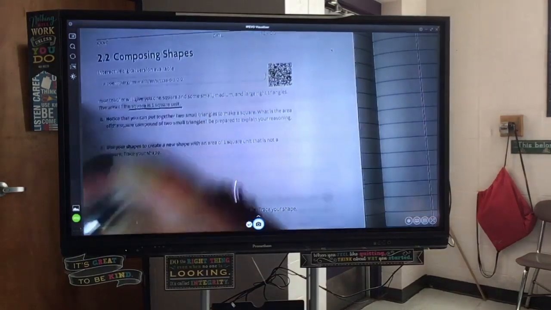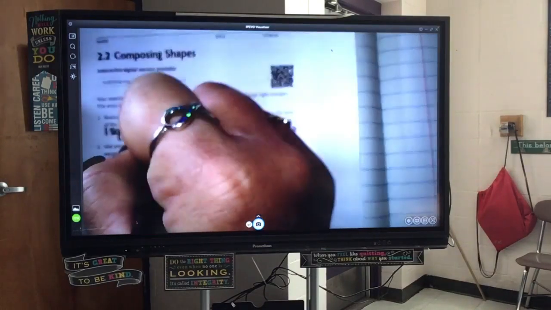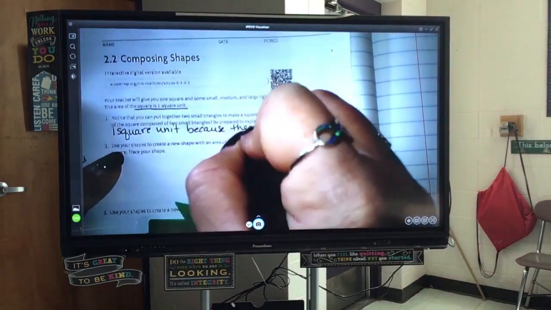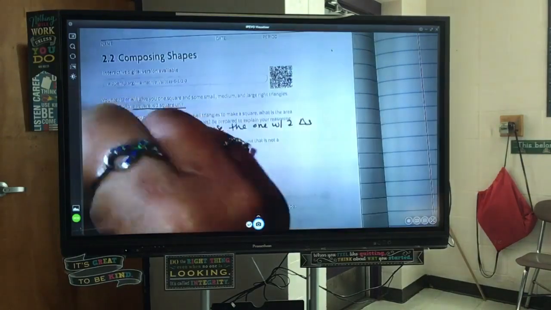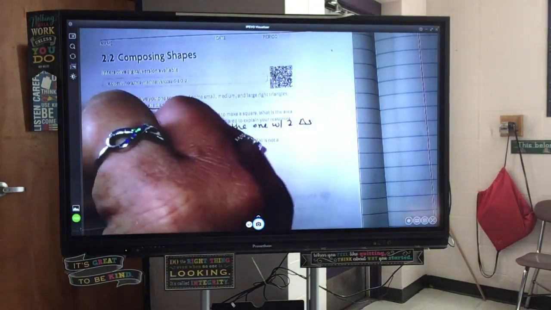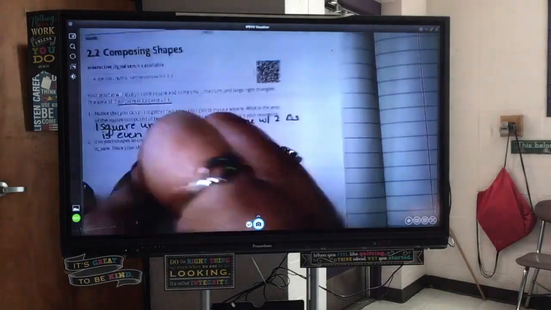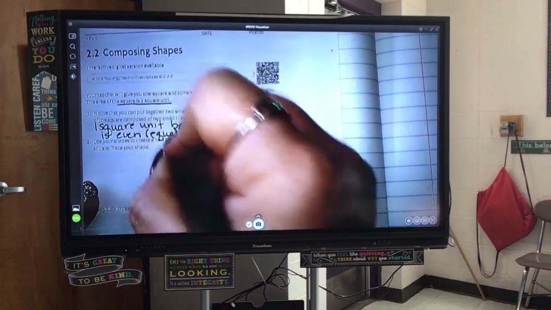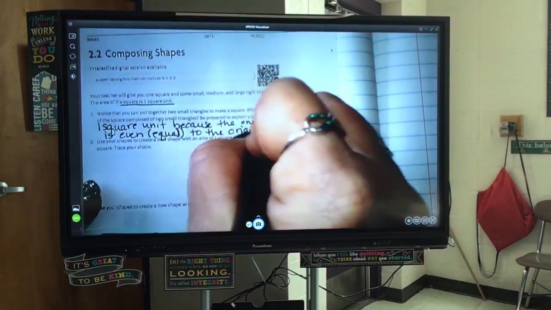So we know that it is 1 square unit because the one with 2 triangles is even. What's a math term for even? Equal. Equal to the original square.